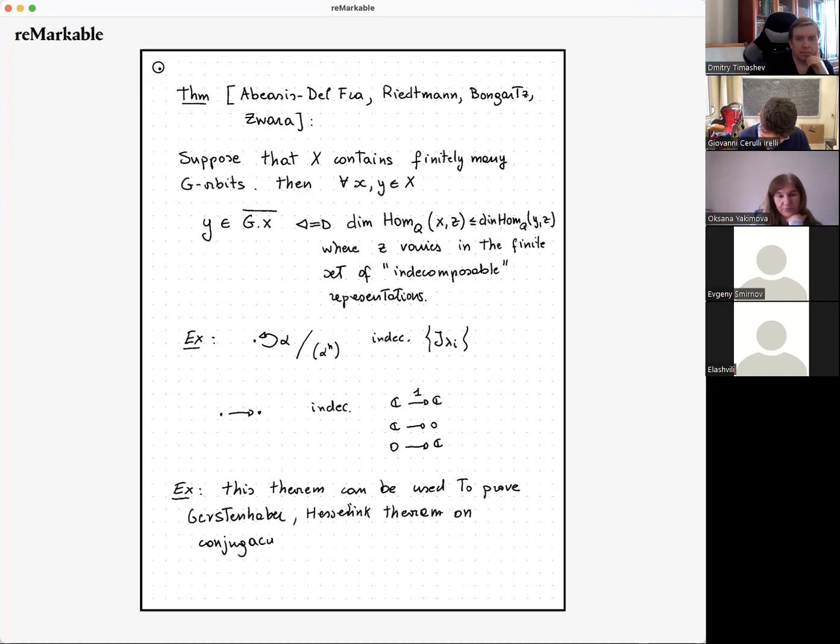As you may know, this proof of Gerstenhaber-Hesselink is not completely transparent. It's quite complicated. There are several cases, but using this theorem of Zvara, the proof becomes transparent. It's a very easy proof. You find it in a paper of Bongartz.